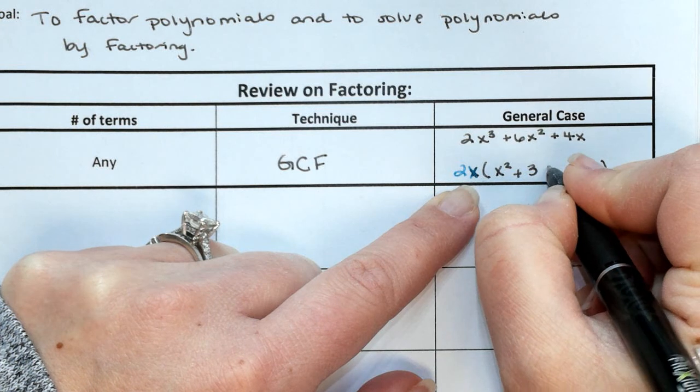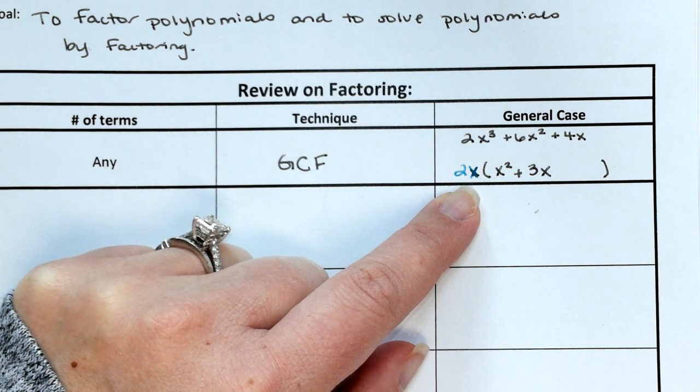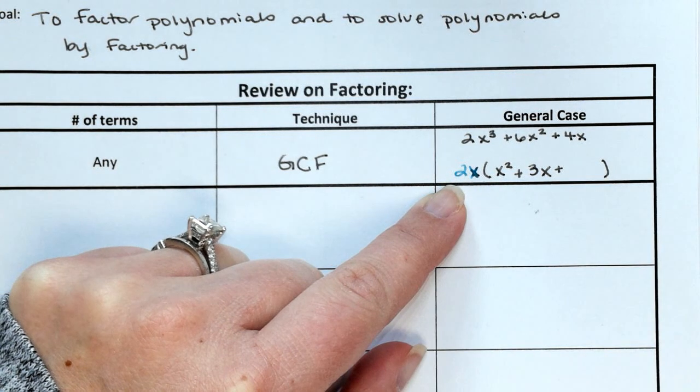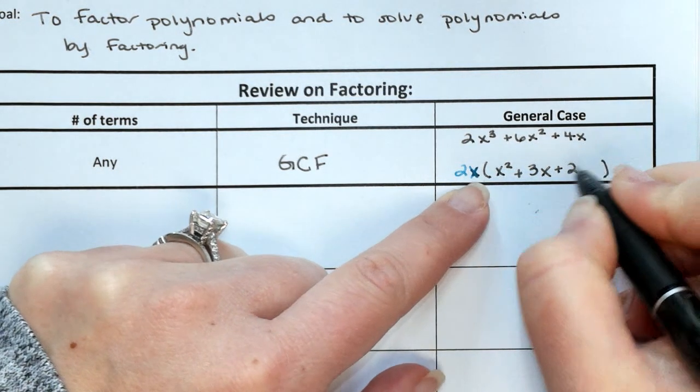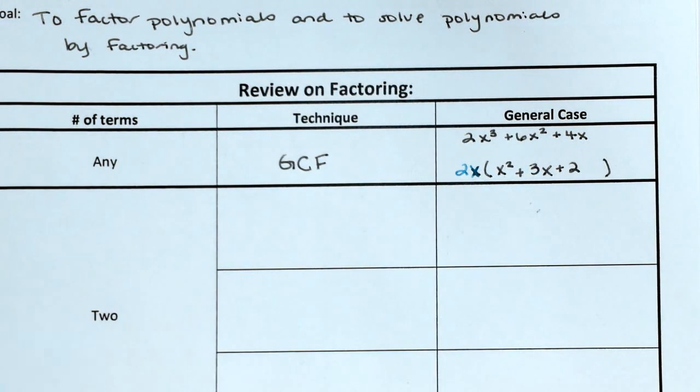X times x would give us x squared. Plus 2 times what would give us 4? X times what would give us x? Just 1, right? So that would be my general case of factoring with a greatest common factor. That would work with any number of terms that it has.